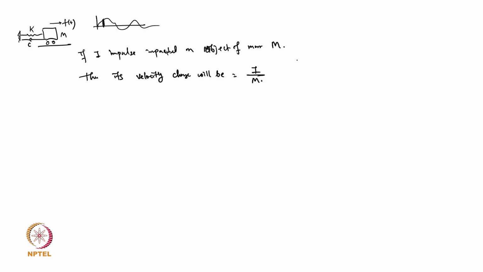Why? Because momentum is defined through the change in velocity, m dv, that is equal to I, so delta v will be I by m.